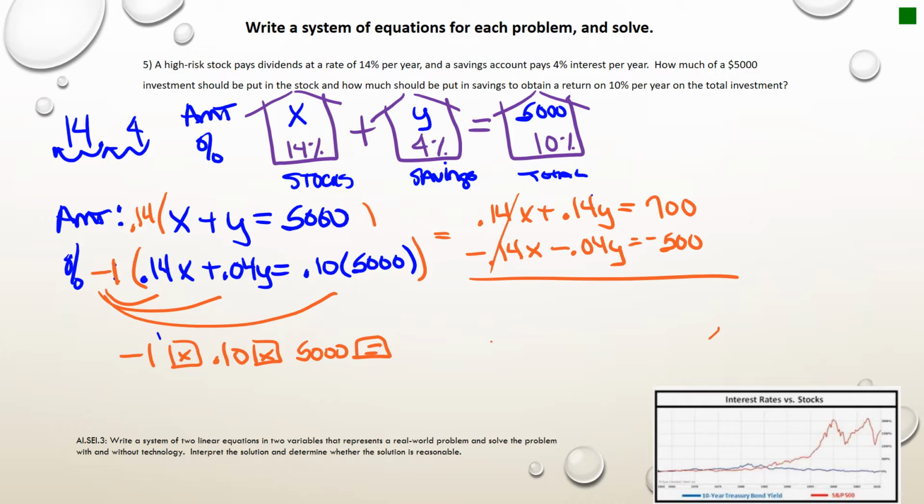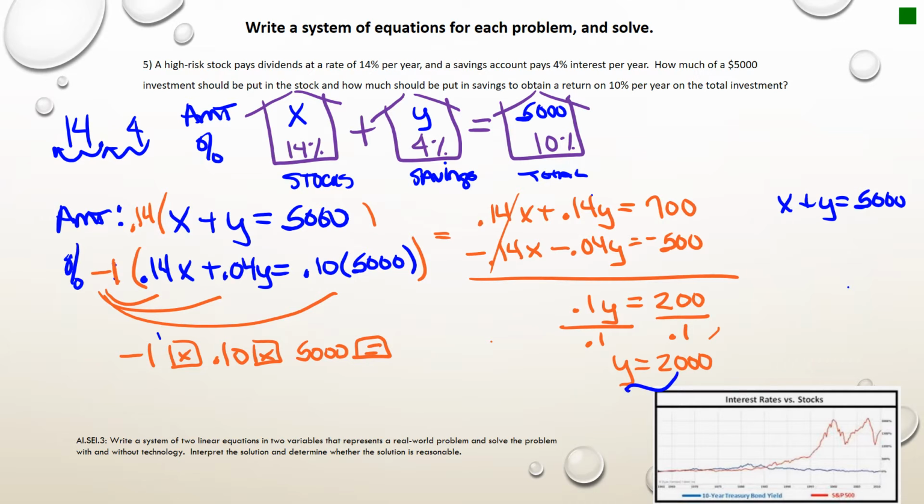This 0.14 minus 0.04 is 0.1y equals 200. Divide by 0.1, 200 divided by 0.1 is 2,000. That's where I got the 2,000 from, guys. Okay, now I'm going to go back up to x plus y equals 5,000.